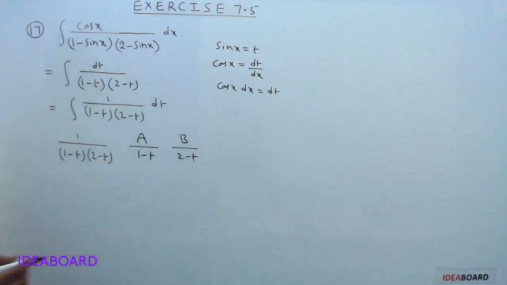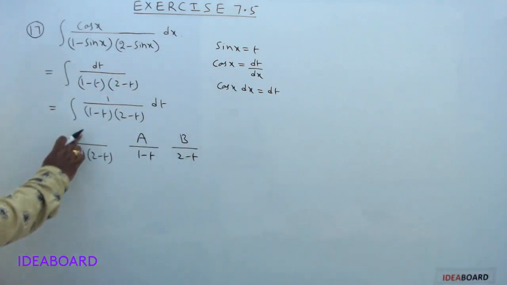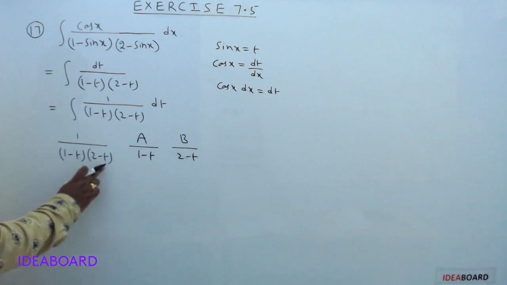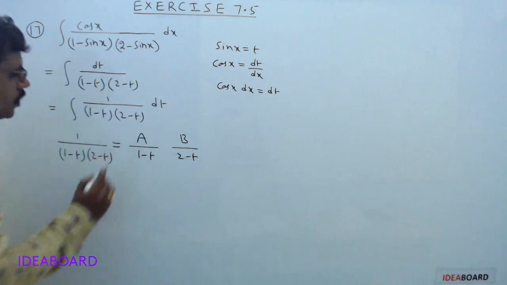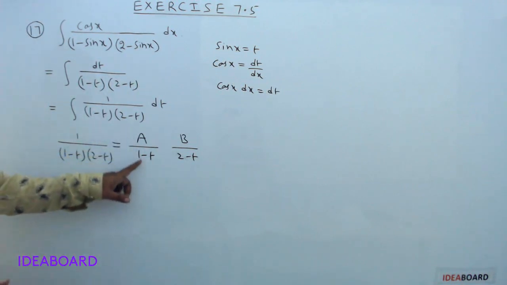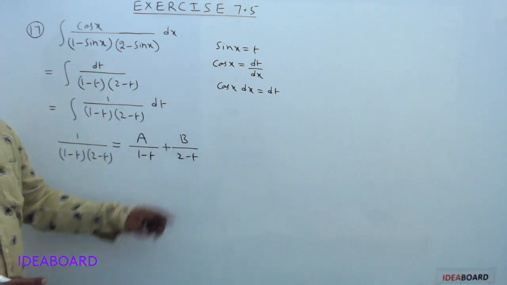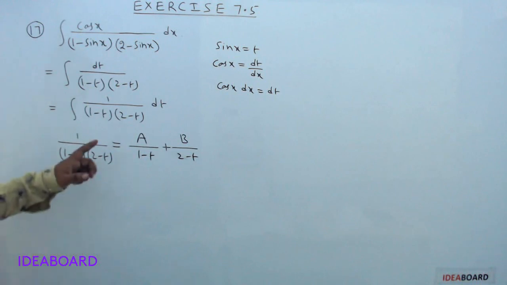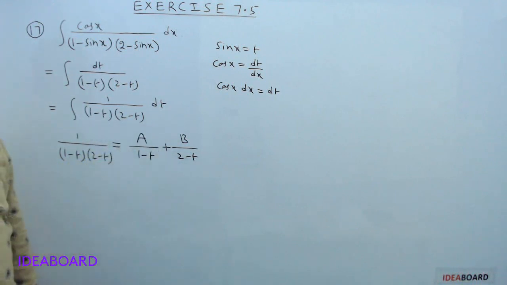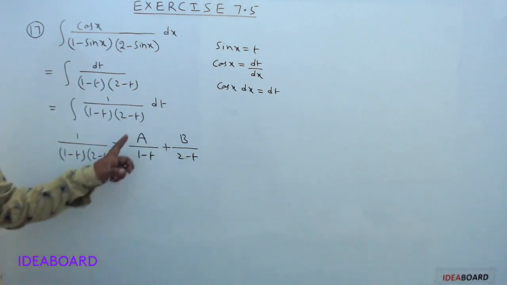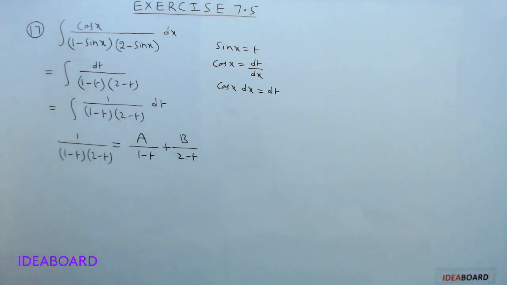Take that constant term as b. So 1 divided by 1 minus t into 2 minus t can be written as a divided by 1 minus t plus b divided by 2 minus t. Here a and b are the unknown values. Let us find the values of a and b.